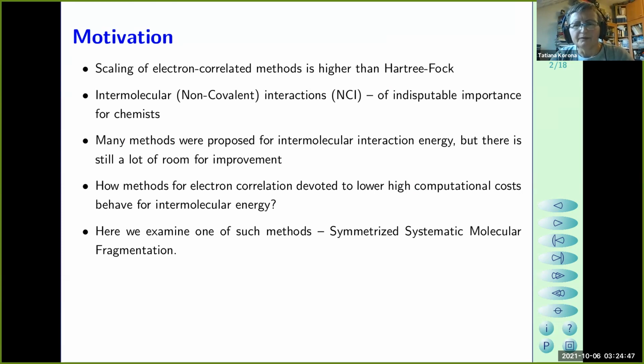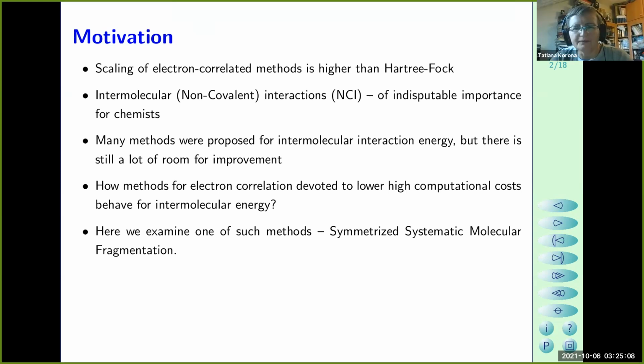Then there is much room for improvement in developing or improving methods for calculating intermolecular interaction energy, especially for interaction between large molecules.